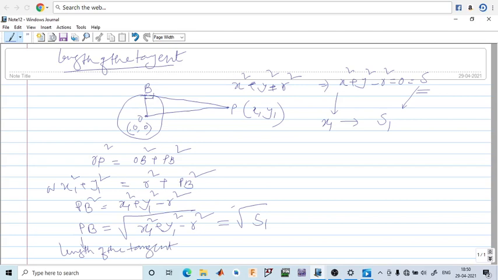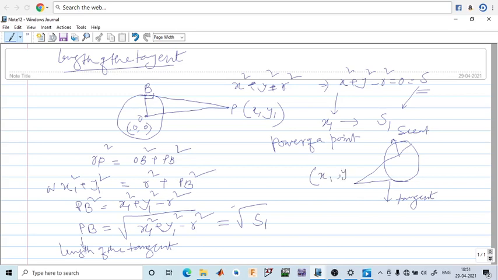Now what is power of a point? Power of a point means that when a secant and a tangent meet at a point. Suppose a circle is there, suppose a tangent and a secant. Suppose this is a secant, this is the tangent, and they meet at a point.